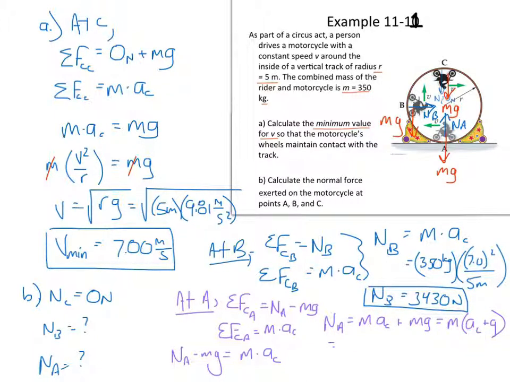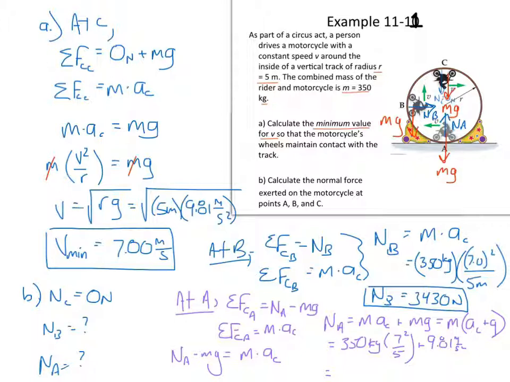So the normal force at A is going to be, what's our mass? That's 350 kilograms, right? Times centripetal acceleration. Oh, I wish we'd actually calculated that out. Well, that's all right. We have it at 7 squared over 5, right? That's the velocity right there, and there's our radius. That's our centripetal acceleration. Plus g, well, we know that it's 9.81 meters per second squared. Okay, there we go.